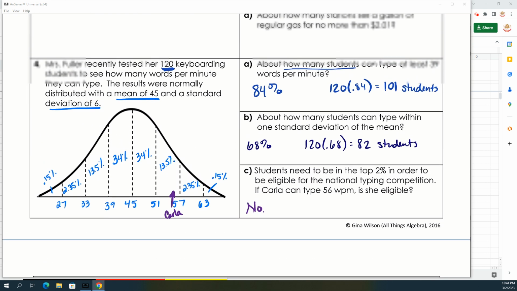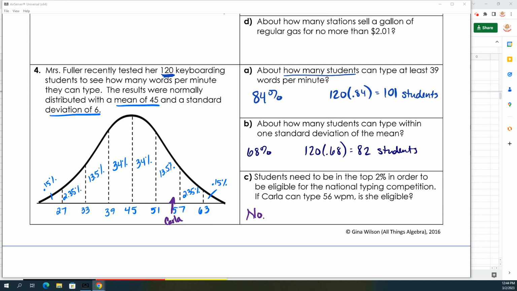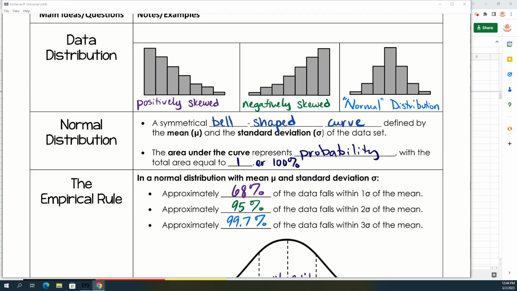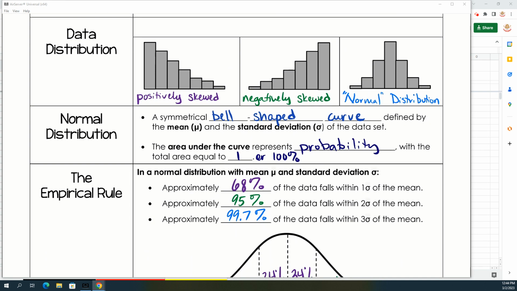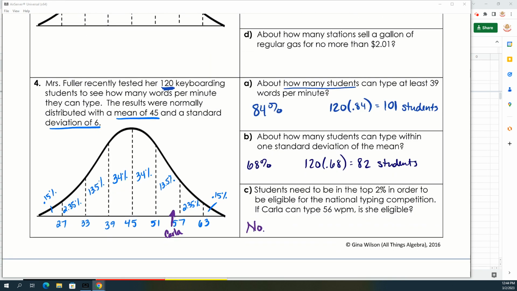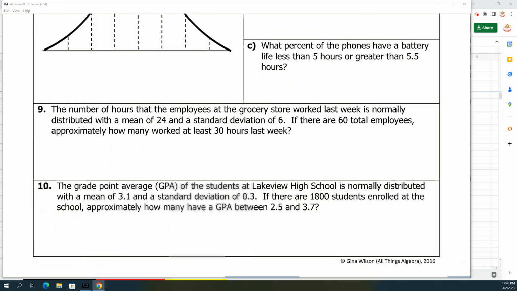We're not doing anything with positively or negatively skewed. That's just terminology that you don't really need. It might come up again in your statistics class if you take one.